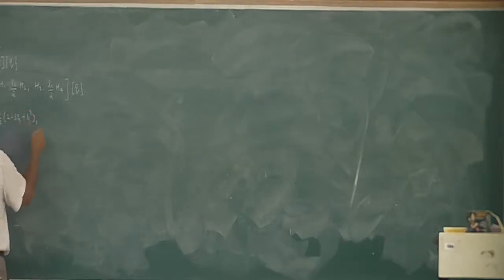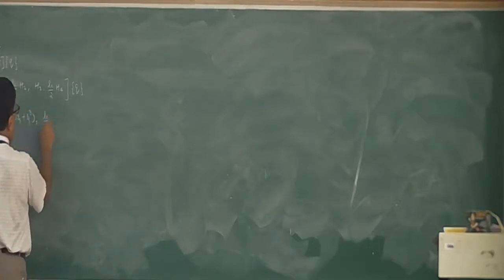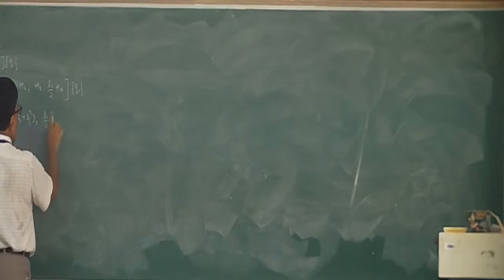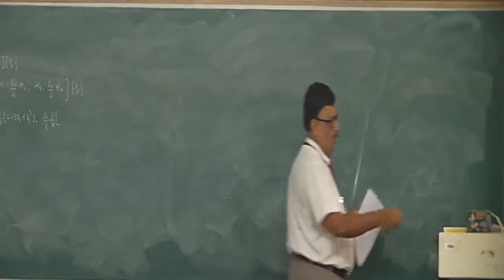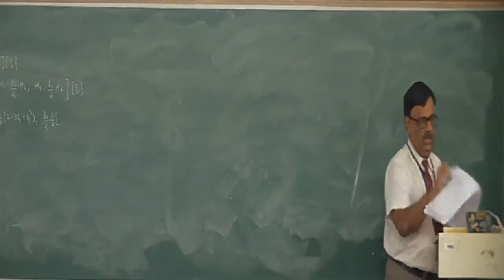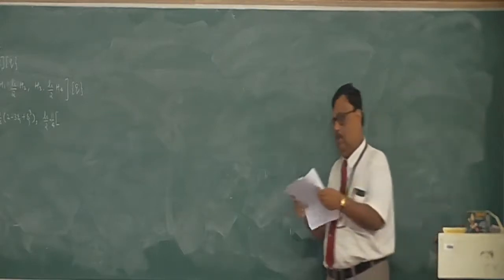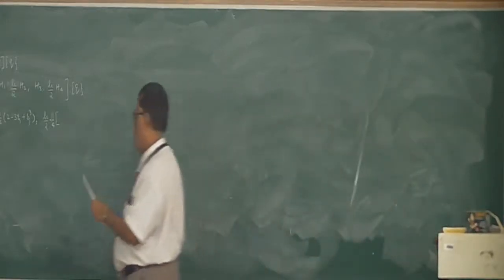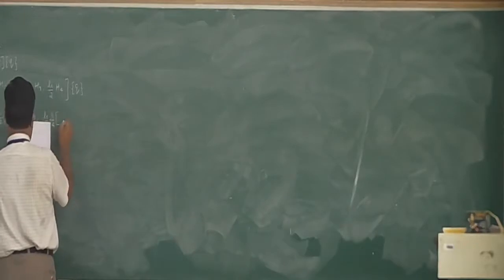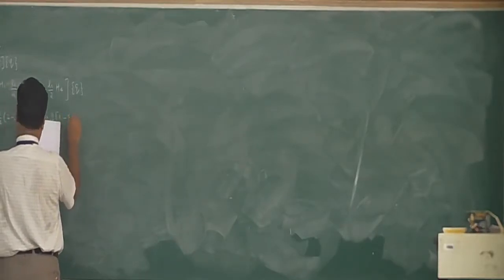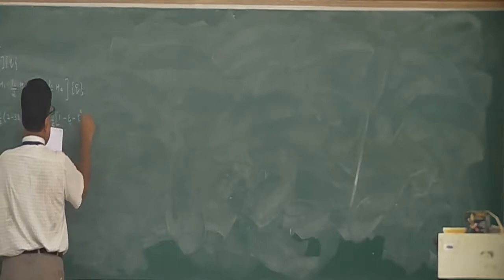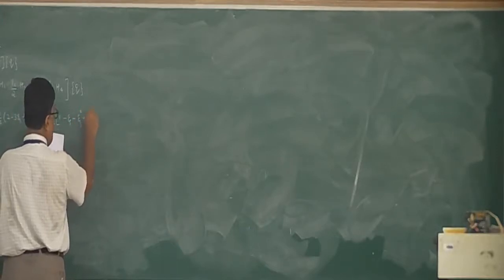Then Le upon 2 into 1 by 4 into minus 1, 1 minus zeta square plus zeta cube.